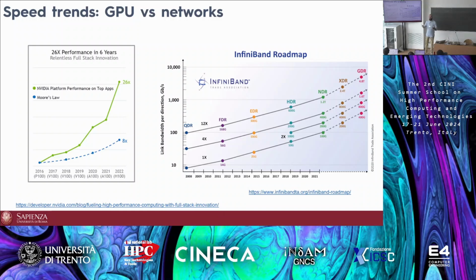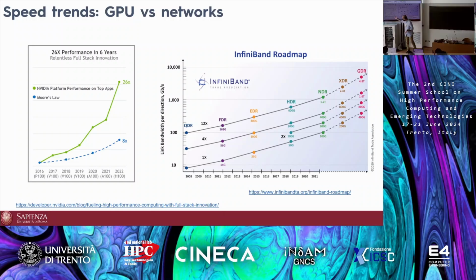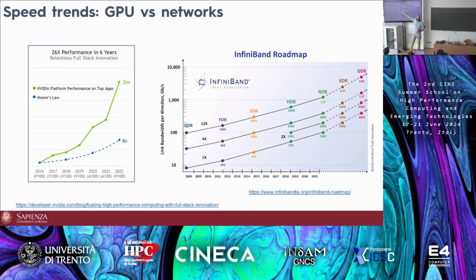In this case, in 6 years, the GPU power increased by 26x. I don't have the updated data, it's up to 2020. The network moves at a much slower pace. So in 6 years, you're not going to have a 26x improvement. You're going to have maybe 4x, 8x improvement, let's say, in the best case.